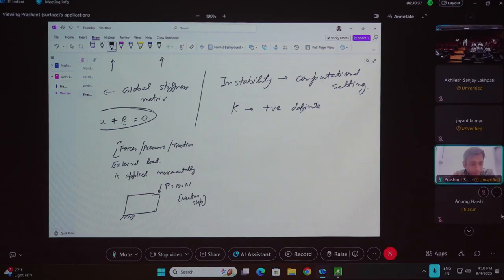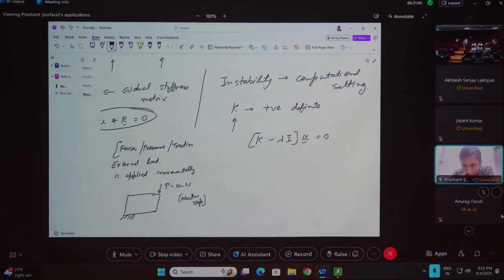And you basically ramp up the force slowly so that your nonlinear problem is broken down into a sequence of a lot of linear problems. So at every load step, you would check whether my K is positive definite or not. You keep on changing the K after every load step. The way to check that would be by solving this eigenvalue problem, which is basically K minus lambda times identity, U equal to 0.